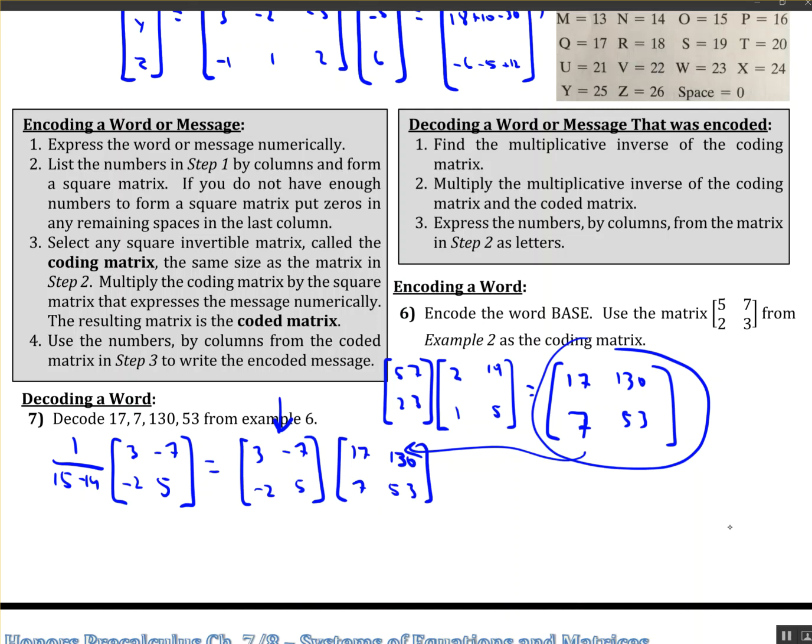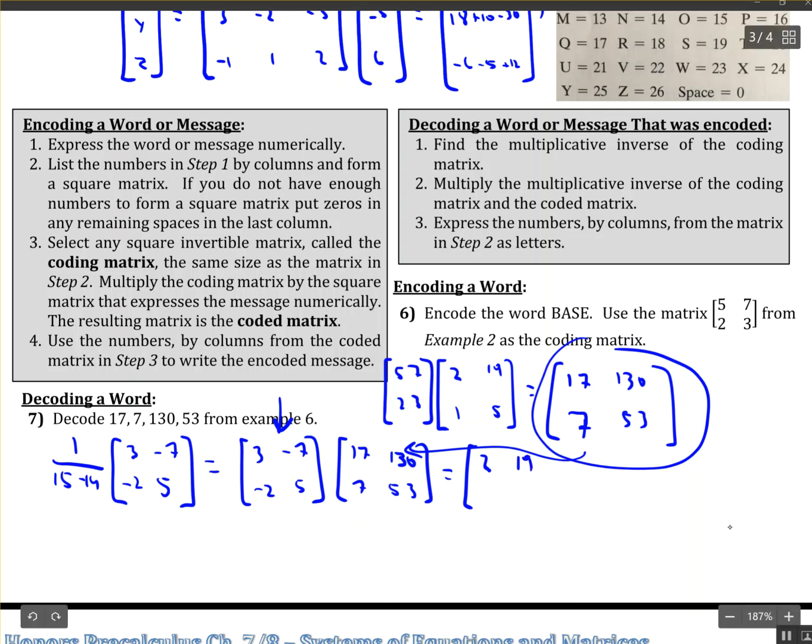Notice 3 times 17 is 51, minus 49, that gets me 2. And then 3 times 130 is 390, minus 7 times 53, which is 371. So that gets me 19.